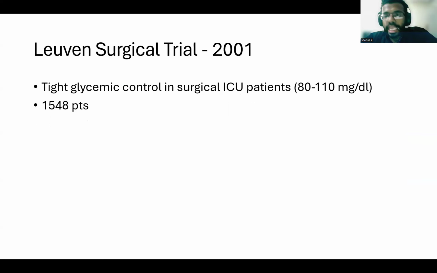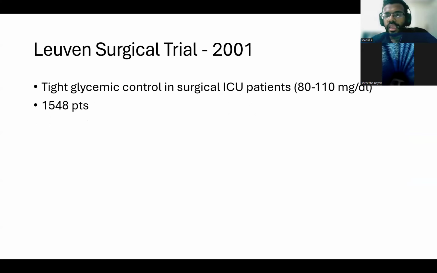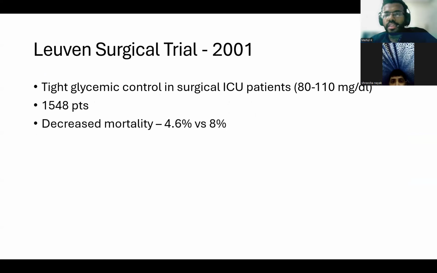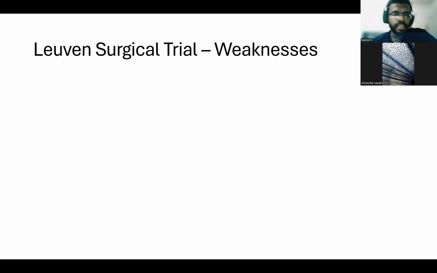That is aiming for a range of 80 to 110 milligrams per deciliter in these patients. And they showed that there was decreased mortality in these surgical ICU patients with tighter glycemic control. It actually decreased by half according to their study.